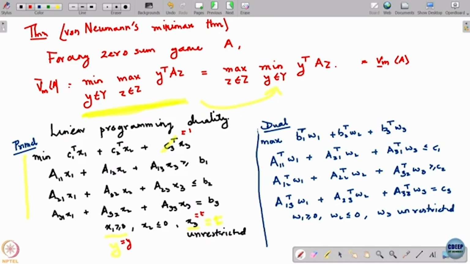There is no term in y in the objective, so C1 is 0. There is also no variable X2 which is less than or equal to 0, so all coefficients of X2 can be put as 0. So all of these are taken as 0. Is this fine?